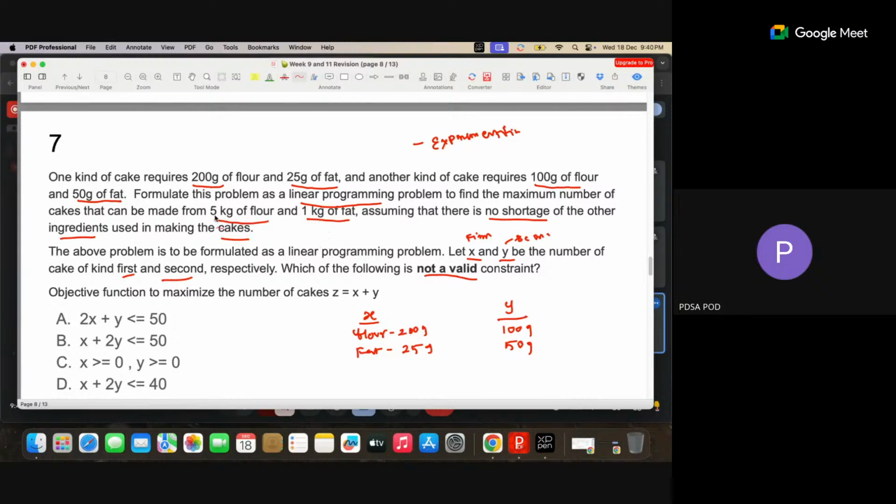Let me convert this 5 kg and 1 kg into grams, because here the quantities are given in grams and there in kilograms. Right? We convert to equal units.